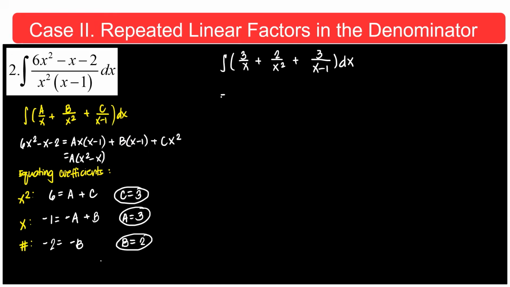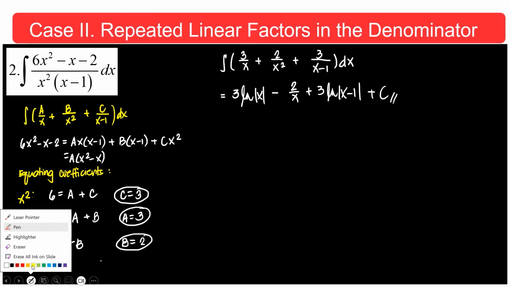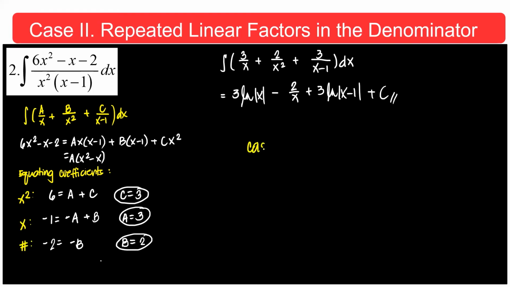So this one would then be 3 ln of x minus 2 over x plus 3 ln of x minus 1 plus c. Again, case number 2, ln plus GPF or power.